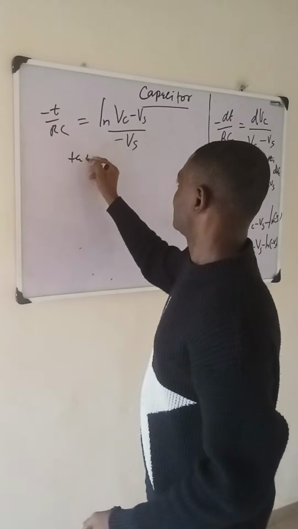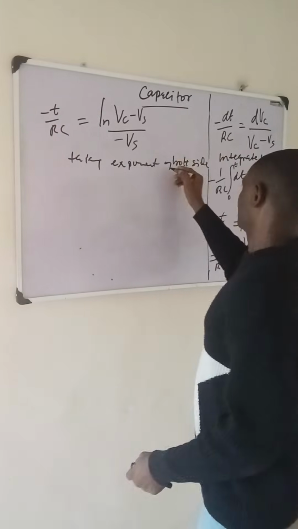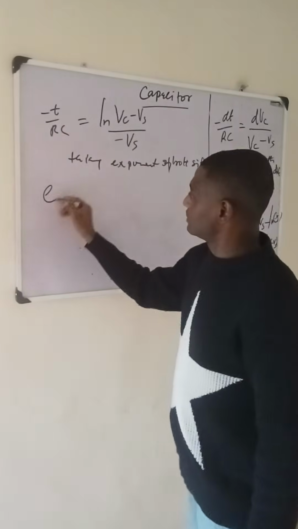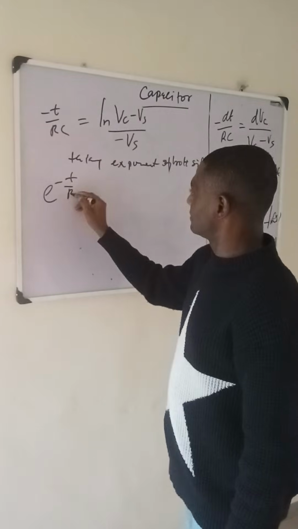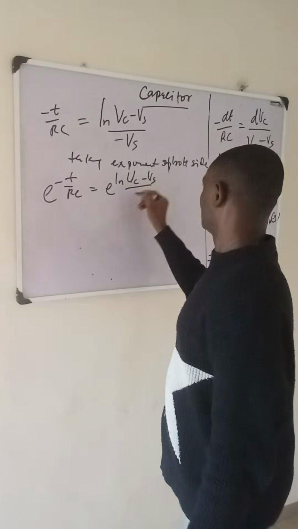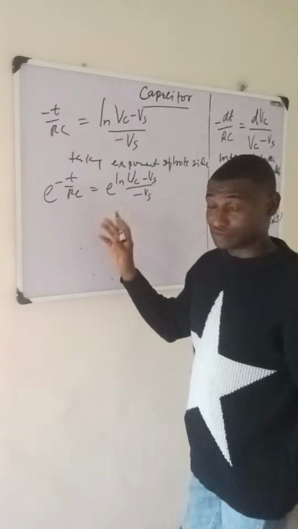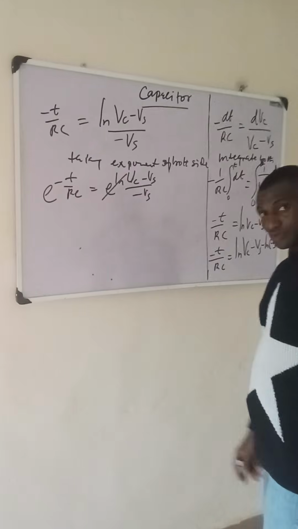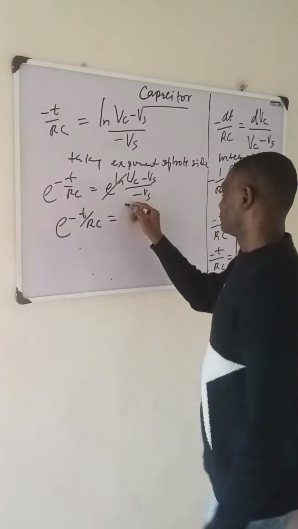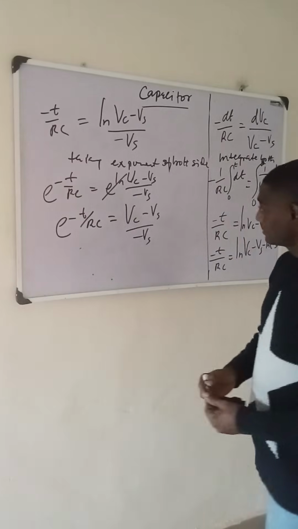Taking exponents of both sides gives me exponential of negative t all over Rc equal to exponential of ln (Vc minus Vs) all over negative Vs. What happens when you take the exponent is that it cancels the natural log, and so we have e to the negative t all over Rc equal to (Vc minus Vs) all over negative Vs. So now it's looking pretty.